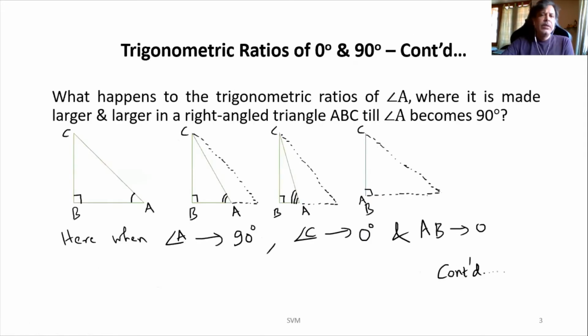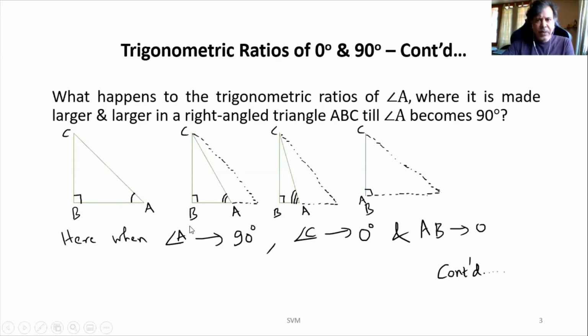Now, further for 90 degrees, how do we do it? Consider the same right angled triangle, right angled at B. What will happen if angle A becomes larger and larger? If you look at this angle, then this angle, and then this angle, you may notice that angle A is getting enlarged.